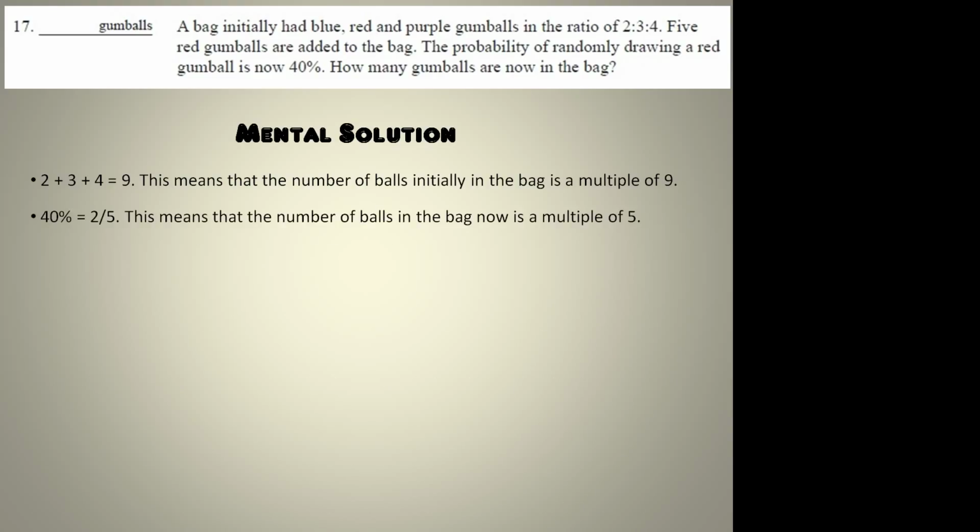But instead of setting the variable, let's look at the further information here. 40%, we already know it's 2 out of 5. So this is the ratio of the red balls currently in the bag, after you added 5 red balls.